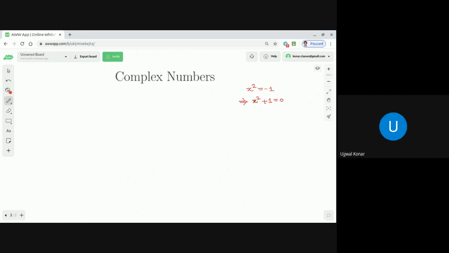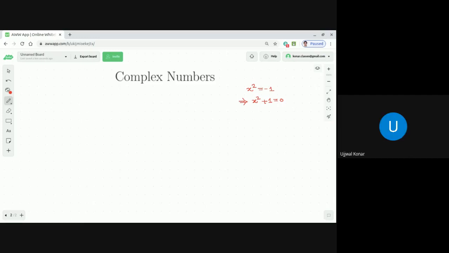And if you recall, dear students, from your previous knowledge, that this is a polynomial equation. And what do you know? That a polynomial equation of degree n has at most n roots. We learned this, na? So definitely x square plus 1 equal to 0 is a polynomial equation of degree 2.